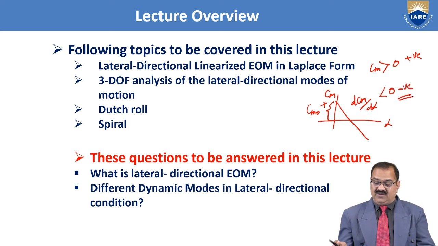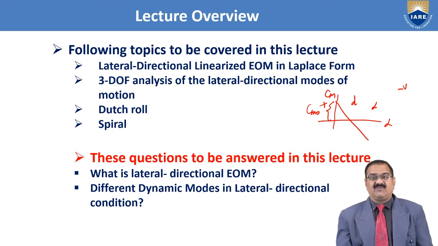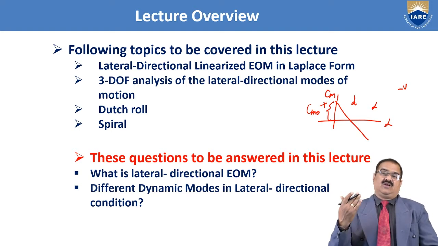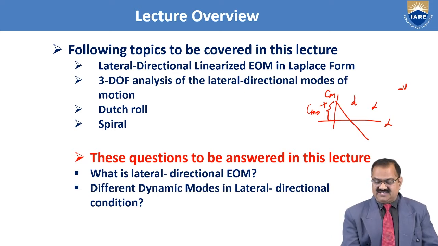So we have covered this longitudinal case, and for the second module we have seen the coefficient of yawing moment and the coefficient of rolling moment, called Cn and Cl.